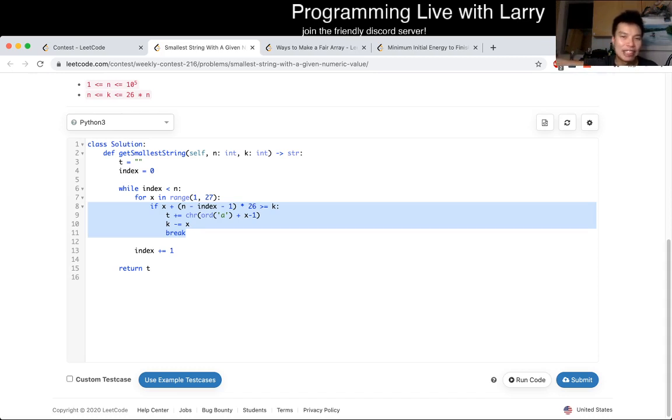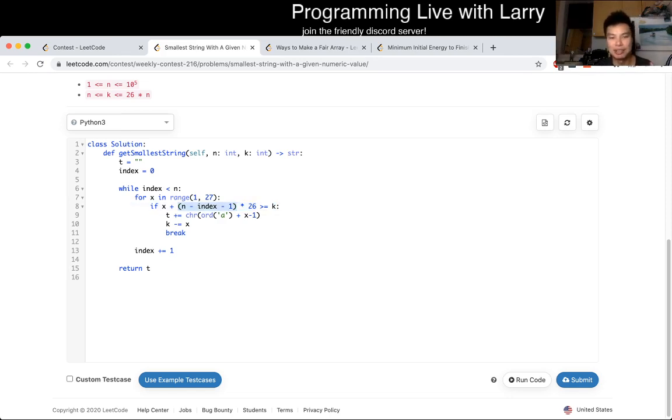We don't care how they do the rest of the string, as long as they do it in a good way. So x is from 1 to 26, the characters of the alphabet. K is just the sum that is left that we need to accommodate. And here's the funky part, the meat of the problem: n minus index minus 1 is just the number of characters that are left.